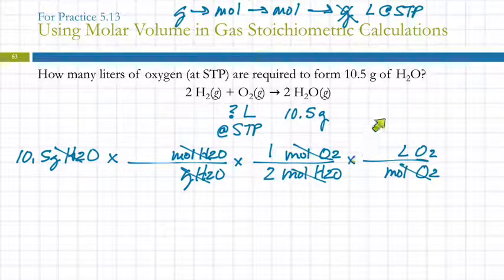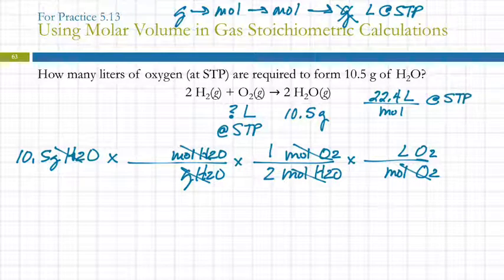This one here, liters per mole, that's sneaky. That's that molar volume of a gas. So any gas, 22.4 liters per mole at STP. So that's going to be 22.4 liters per mole of oxygen.